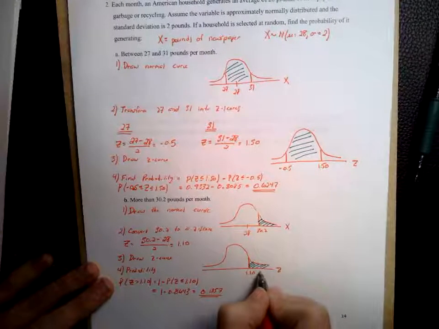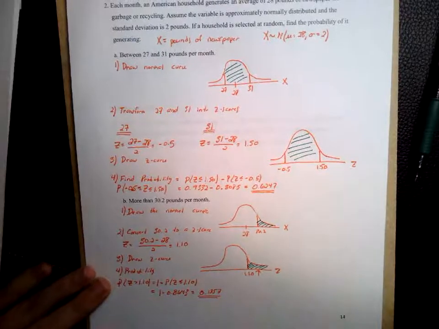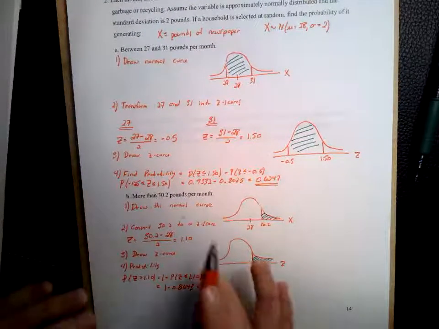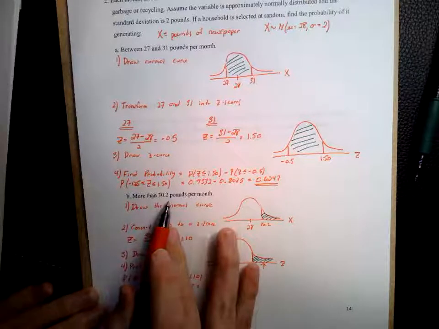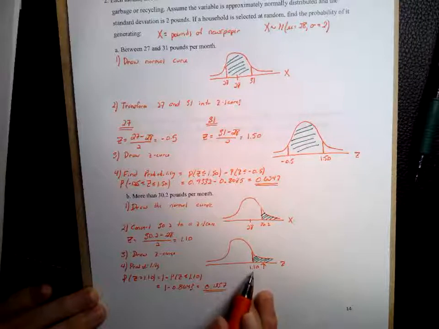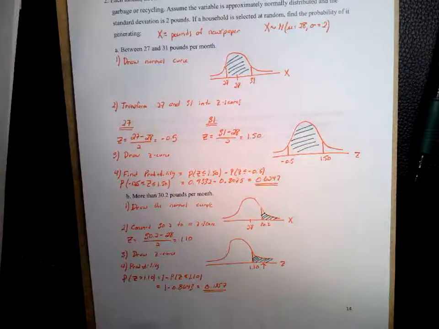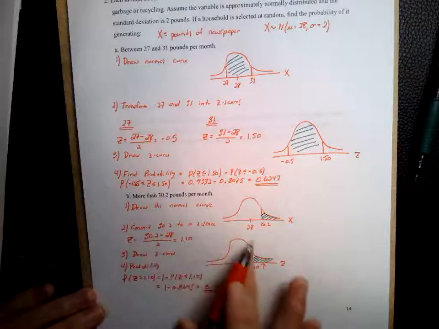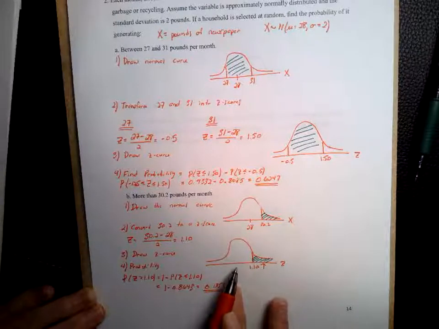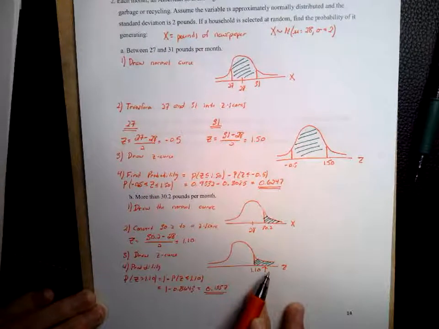And that's the area over here in green. So if it would have said less than 30.2, I would have just taken this area here to the left of 1.10, that z-score. But since in this case it said more, I need to take the area to the right. So I need to find the area to the left, and then take 1 minus it to find the area to the right.